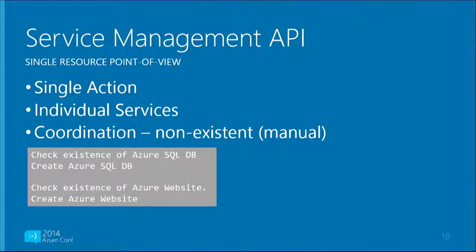Without me doing any sort of manual intervention and putting the items in the right order, it's up to really me to do that. The system doesn't handle that on my behalf. So I have to check for the existence of something and then create that resource if I want to have a script or a program that is essentially idempotent, that I can run multiple times and ensure I'm going to get the same expected results.